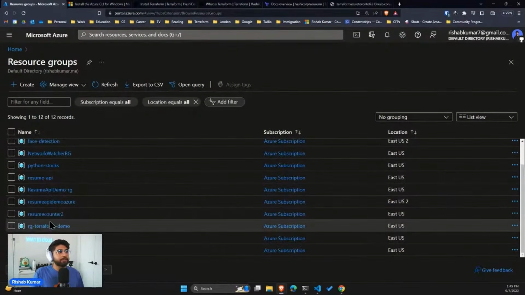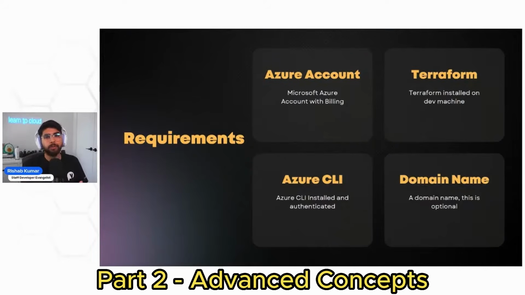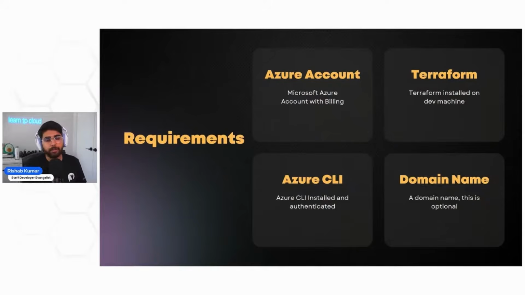If I do a refresh, my resource group will not exist. We covered some of the basic stuff, like how to set up the Azure account, having the Azure CLI installed locally, installing Terraform, and also having a domain name, which is optional because we deployed a website to Azure storage. So that was the project we deployed using Terraform.